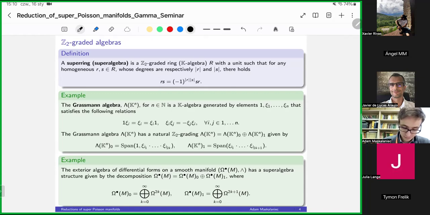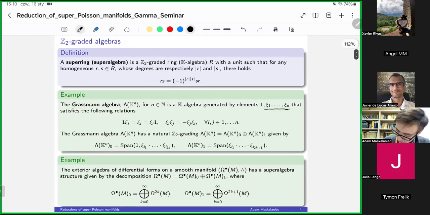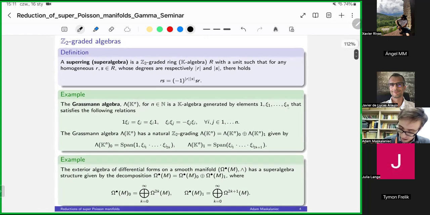So the basic example we want to consider is the Grassmann algebra of a finite dimensional vector space. That is a K-algebra generated by the unit and by the elements xi_1 up to xi_n that are elements of the canonical basis of our vector space K^n. Then this algebra is freely generated by these elements and then quotient by the following relations that make it graded commutative.